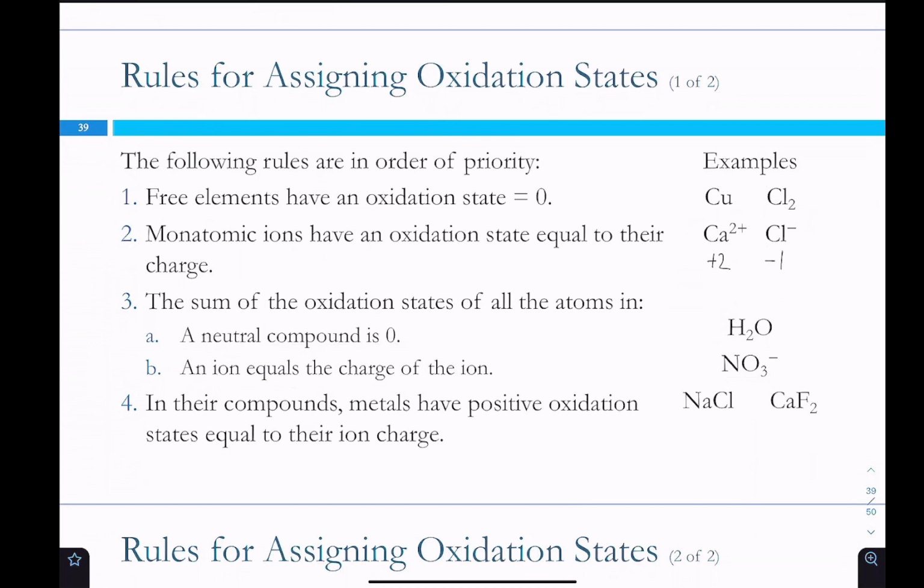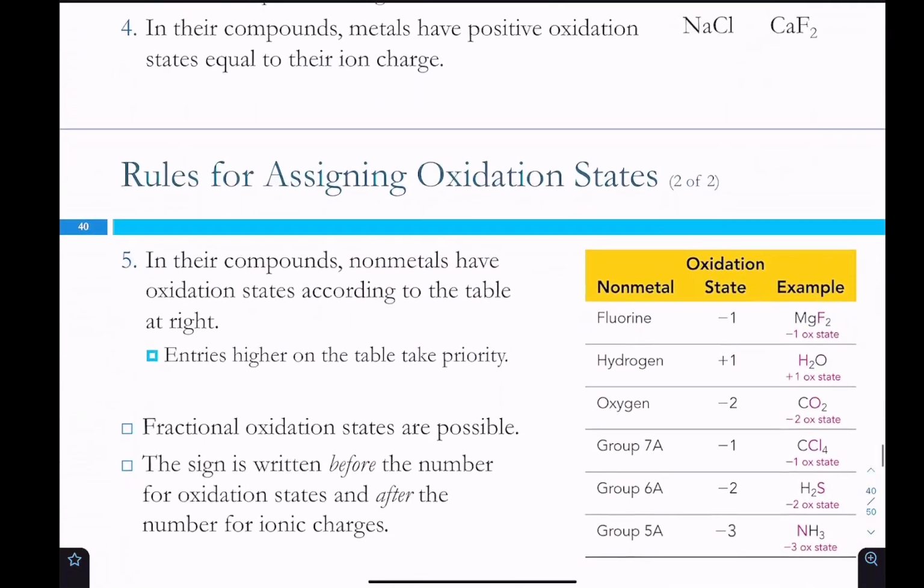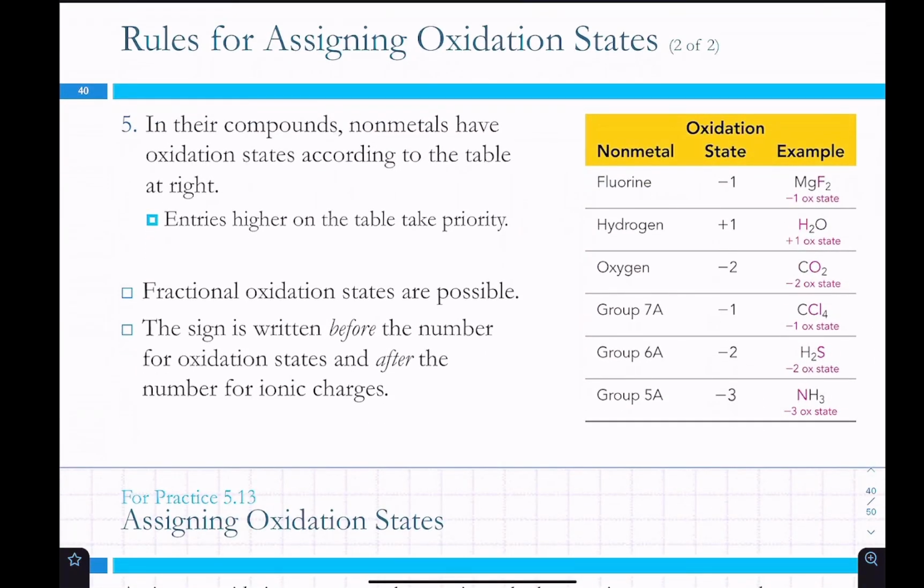And then in their compounds, ionic compounds, metals will have positive oxidation states equal to their ion charge. Again, oxidation states are not the same as ion charges. And then for the nonmetals, actually not just in ionic compounds, any compounds, they'll have oxidation states according to this table on the right.